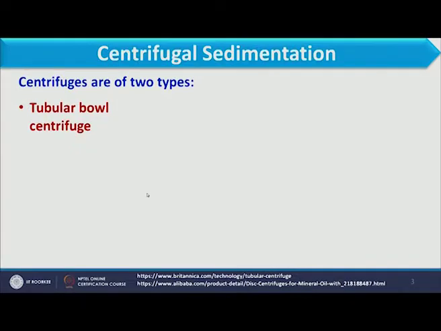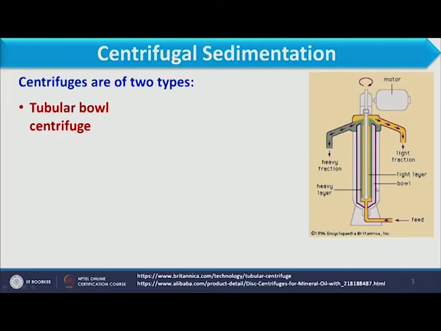As far as centrifuges are concerned, these are of two types. First is the tubular bowl centrifuge, shown in this diagram, where we have a smaller diameter, however the length is significantly high in comparison to the diameter. In this case feed enters from the bottom and the total bowl revolves with very high RPM.